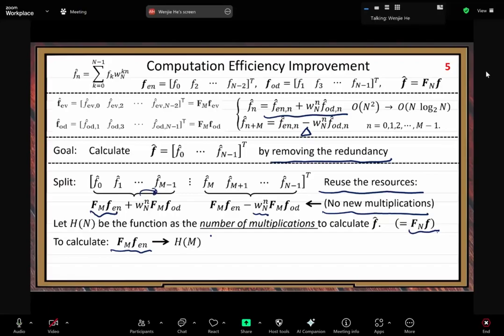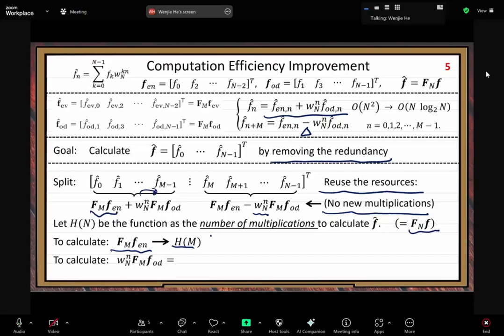Same structure, right? If the same structure, can we apply fast Fourier transform recursively to calculate? Recursively. Okay?